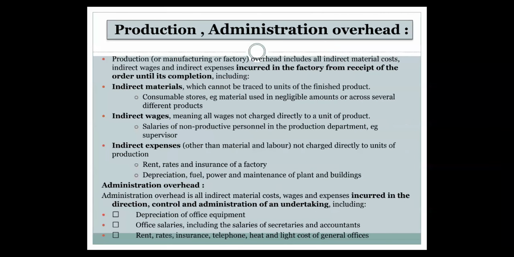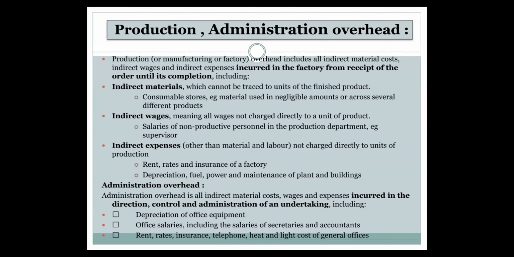Then come to the other expenses of an organization. Other segregation of expenditure can be divided into production, administration, and overheads. Production overheads include all indirect material cost, indirect wages, and indirect expenses incurred in the factory from receipt of the order until its completion.